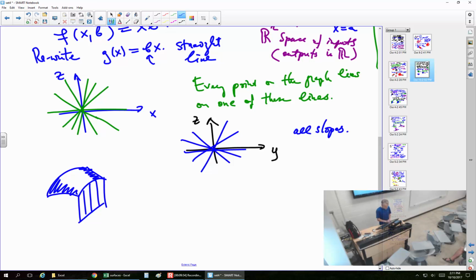In this particular case, if our axes are like this, x, y, z, I'm talking about this plane being, say, y equal b. On the other hand, I could go the other way and cut it this way, and that is x equal a.